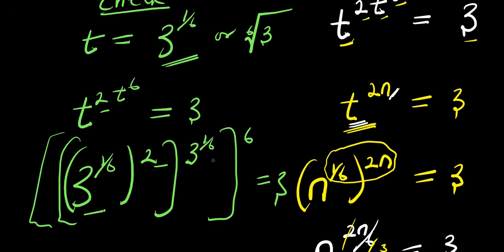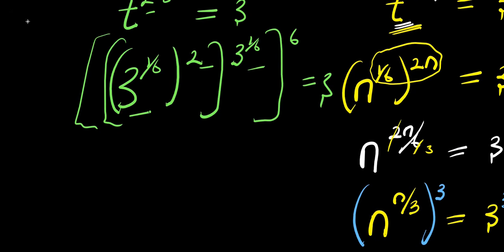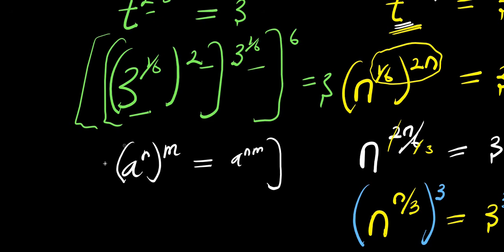So from here, we consider this identity: a power n raised to the power of n equals a power n times n.